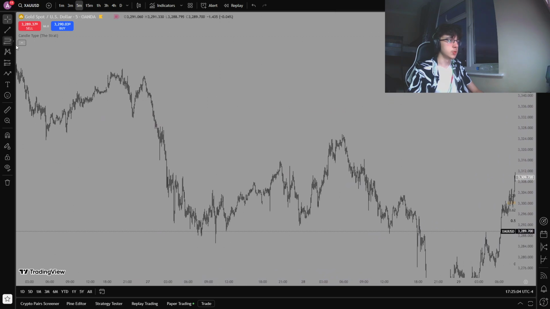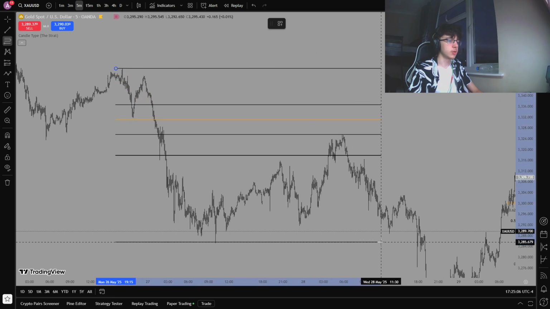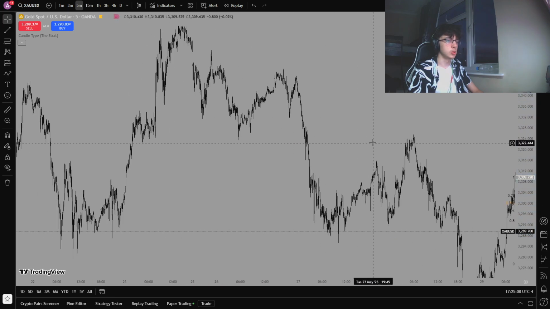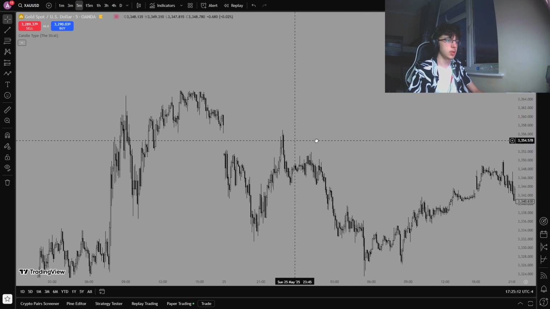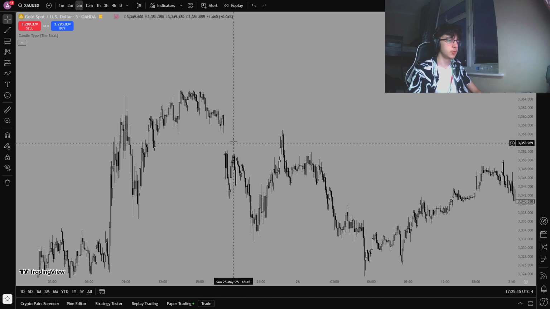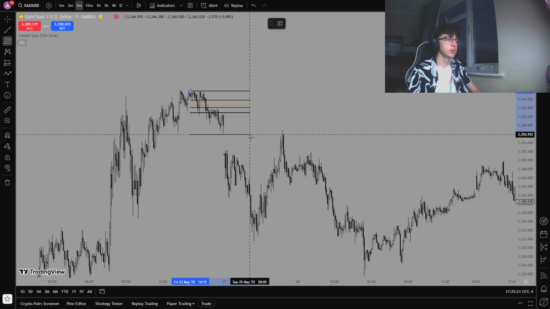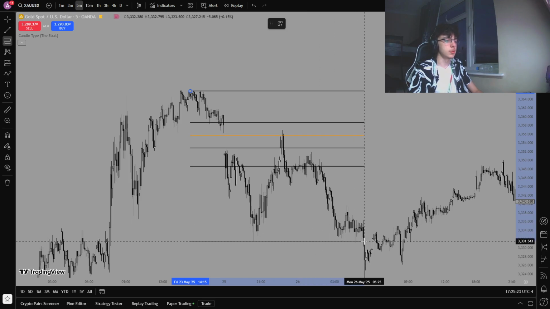Actually, let me draw that properly and mark it out like this. Again, here's the same thing. Sure, there's a new week opening gap. That's another confluence. It's not the only reason price went there. I mean, it is a reason, but yeah.